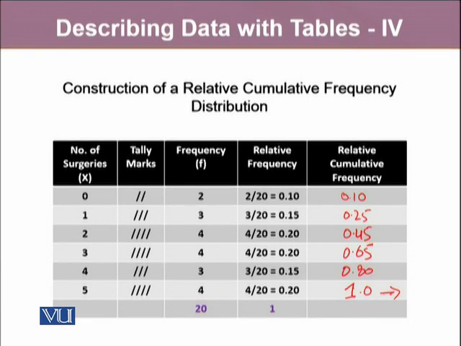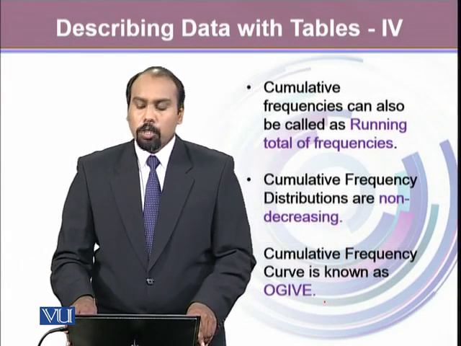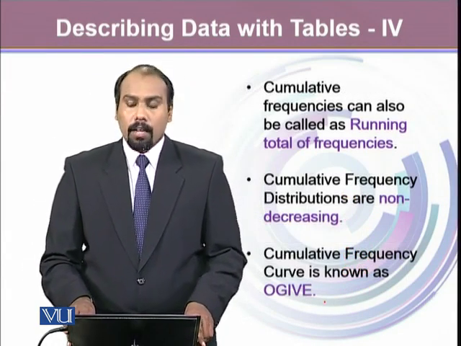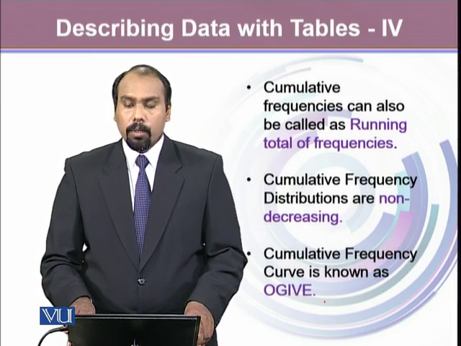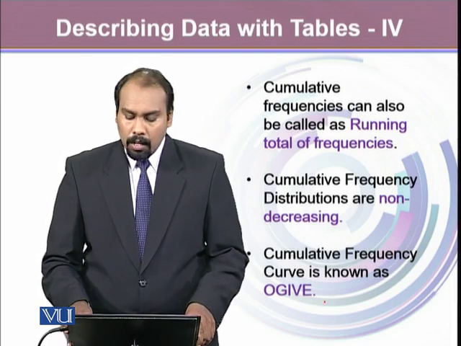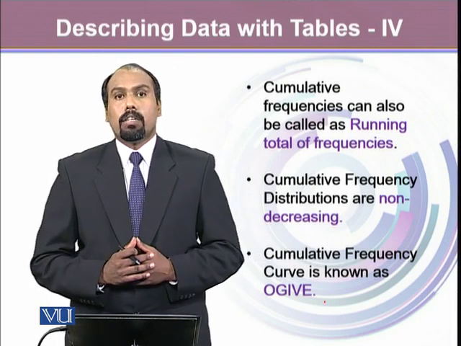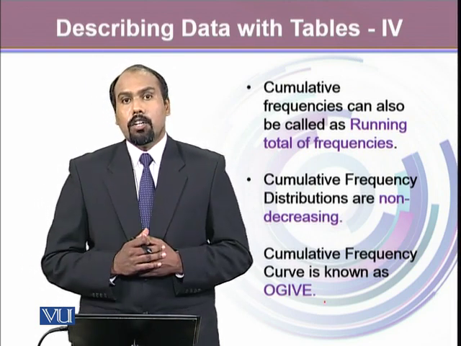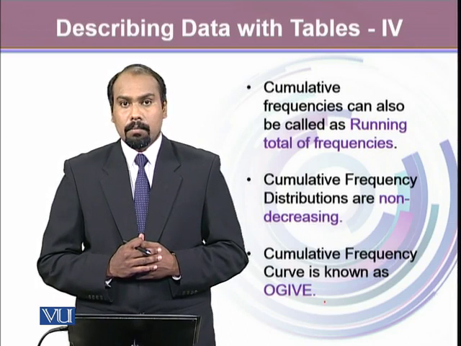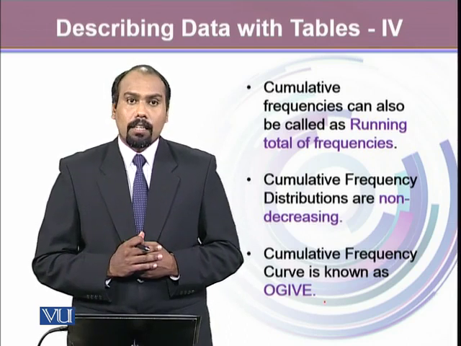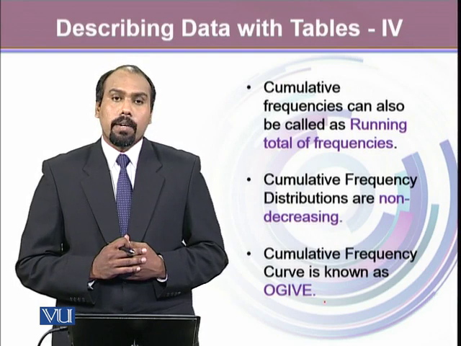They should be the same. Cumulative frequencies can also be called running totals of frequencies. Cumulative frequency distributions have a very important property that they are non-decreasing. And lastly, the cumulative frequency curve is known as an ogive.